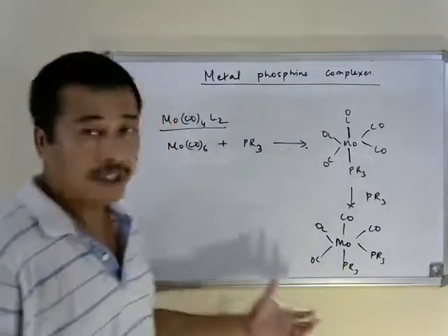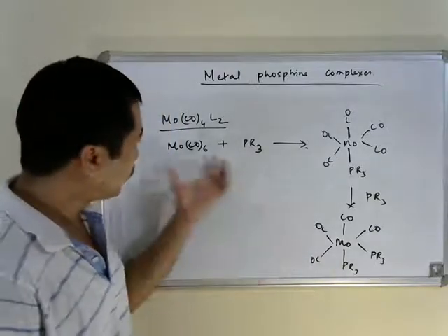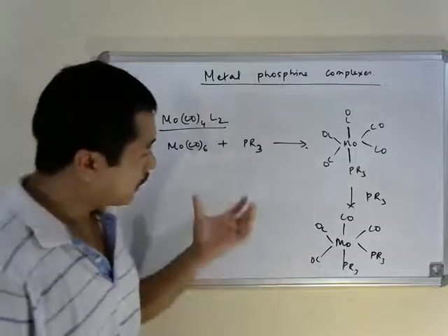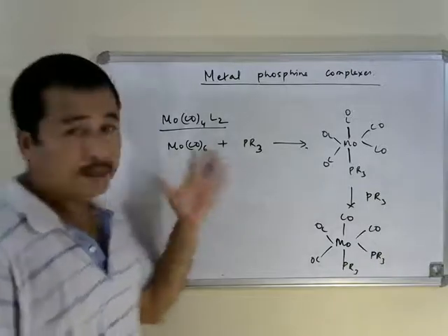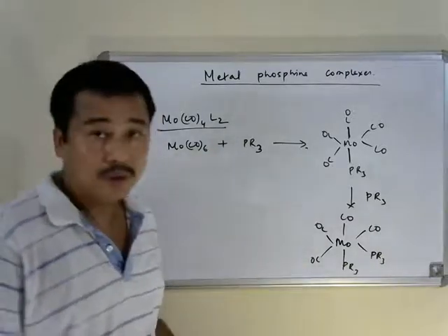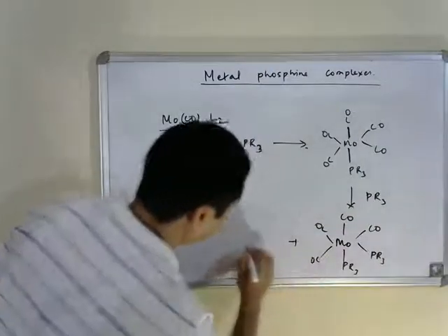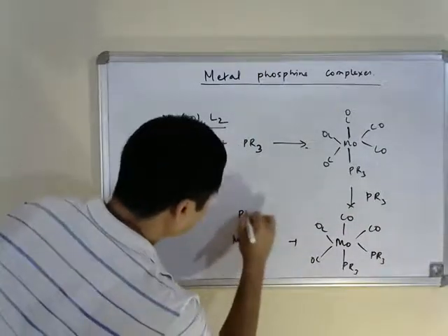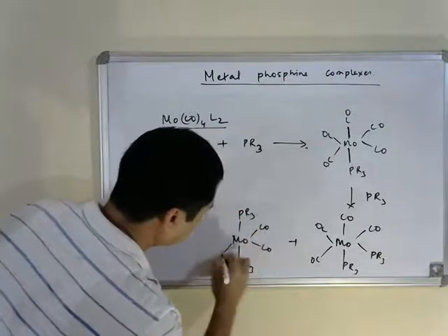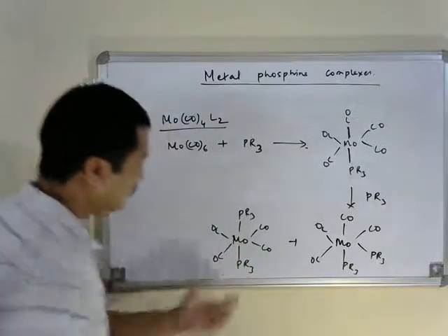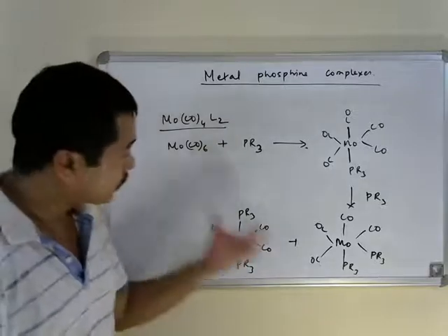So electronically, a cis product is favored, and indeed, when you do such a reaction with a sterically less bulky ligand, the percentage of cis product isolated is more. But when you use sterically bulky ligands, the percentage of trans product is higher, so the trans phosphine complex becomes a major product when you use bulkier phosphine ligand.